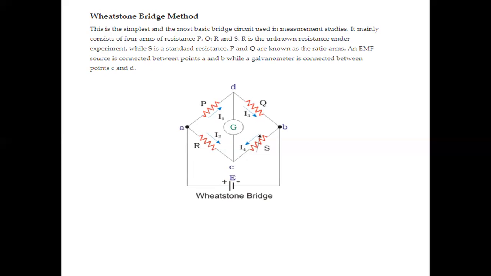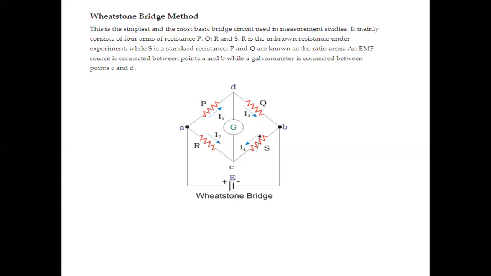In that, we check the bridge balance condition using the galvanometer. When the supply is given to the bridge, suppose current flows through the galvanometer, meaning the galvanometer shows deflection. That means the bridge is not balanced.